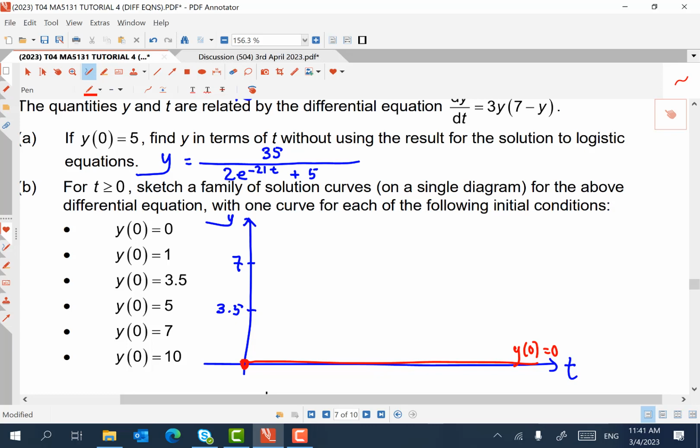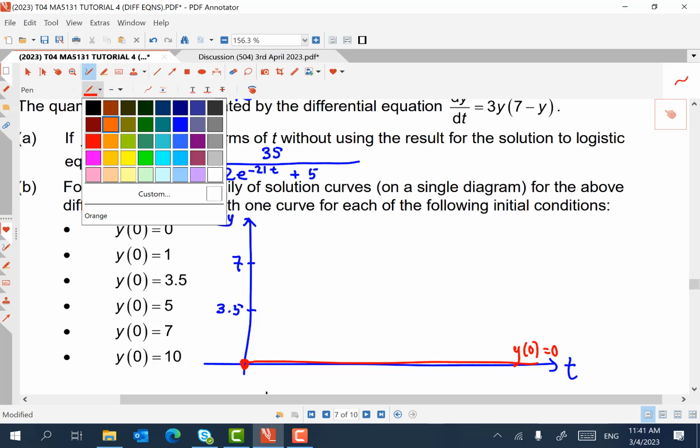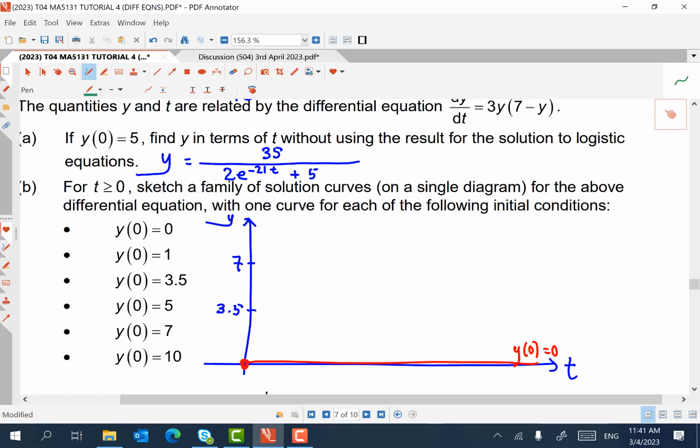Then if you start with 1, you start off with 1, which is here. Bear in mind, this will be an asymptote. Then it's going to be like this.